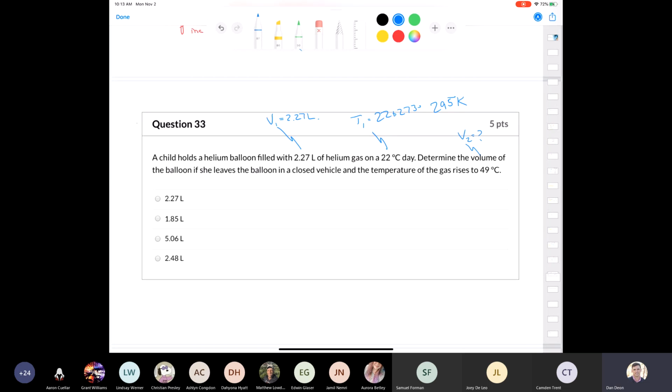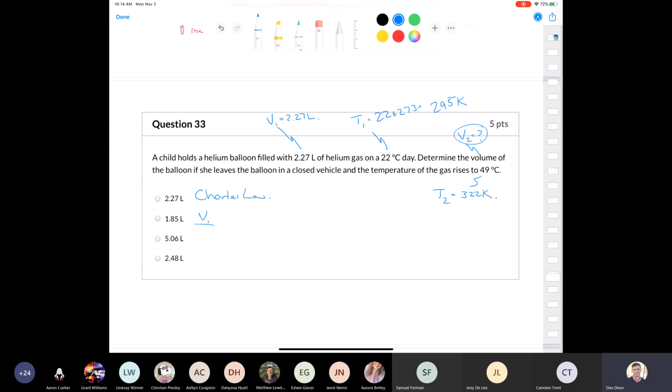Determine the volume of the balloon if she leaves the balloon in a closed vehicle and the temperature of the gas rises to 49 degrees Celsius. So our T2 is going to be equal to 322 Kelvin. For this, we're going to use Charles' law to solve for V2.